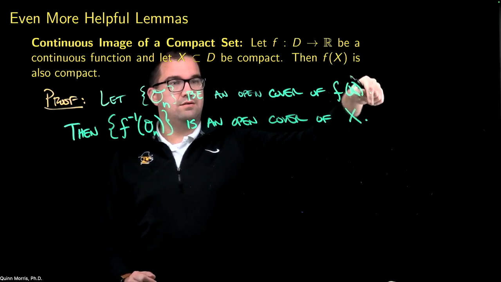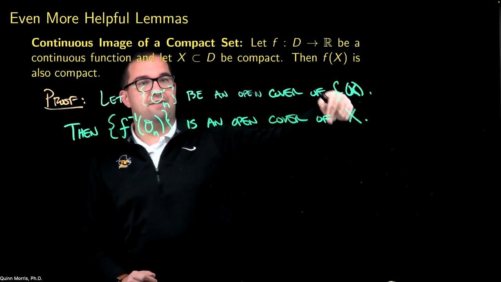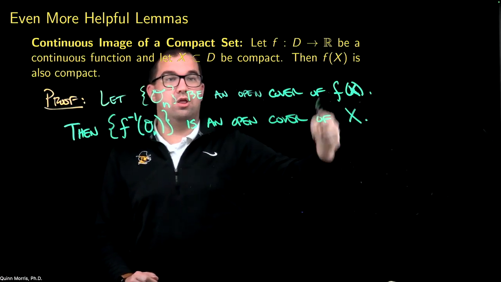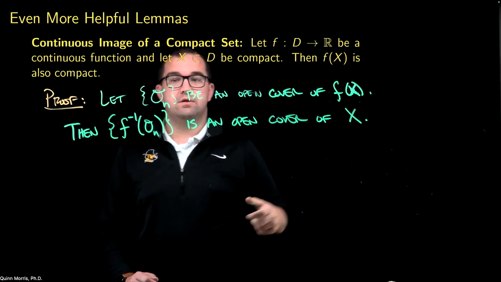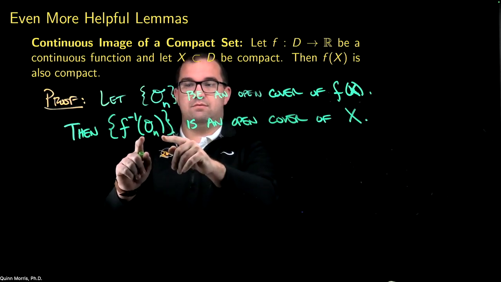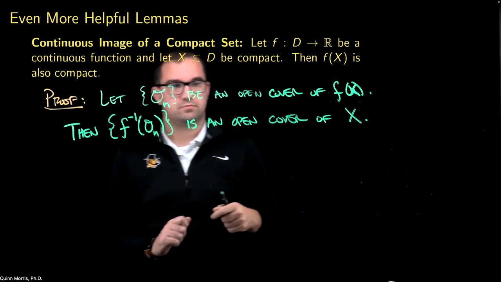So everything in f of X maps back to something in X, and you were mapping all of X. So in the preimage, you're going to hit everything. This is going to cover every element of X.